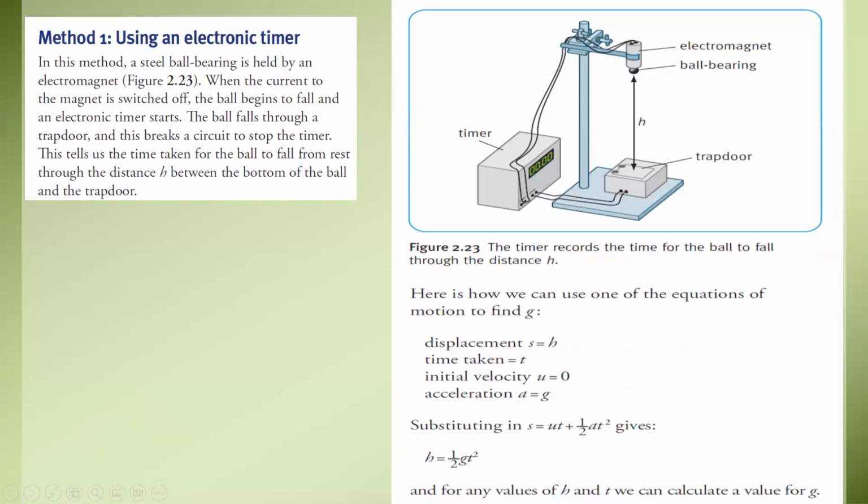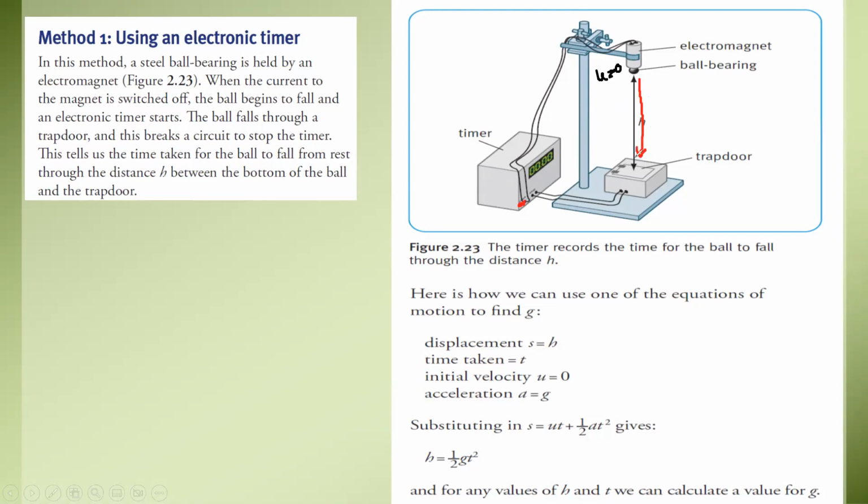As you can see here, this electromagnet is interfaced with a timer, and there's a trap door switch. Initially the current is passing through the electromagnet, so the initial speed is zero. For falling objects, the initial speed is always zero. The moment we stop the current in the electromagnet, the timer will start. As the timer starts, the ball starts to fall.